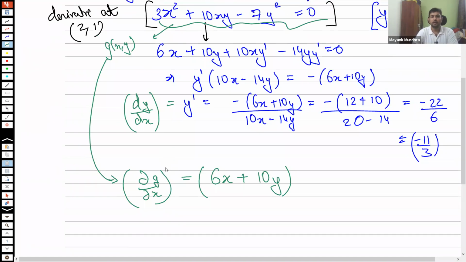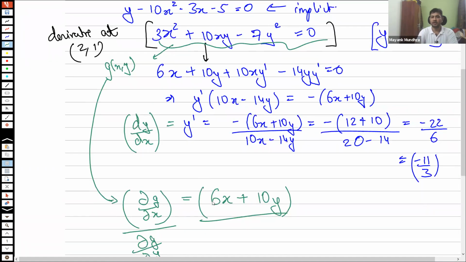On a side note, del g by del x upon del g by del y will also give you the slope. Sorry, it's going to give you the negative of the slope. So another way to find the slope is minus del g by del x upon del g by del y.